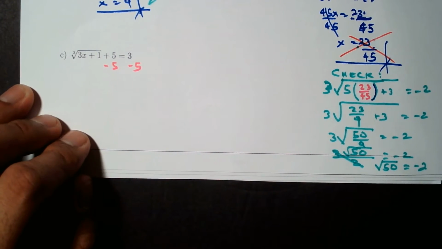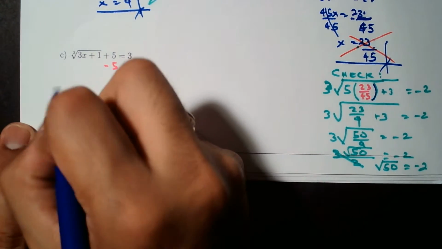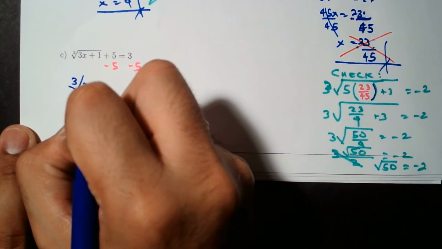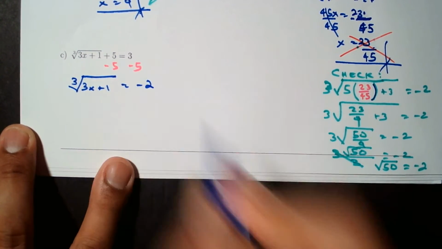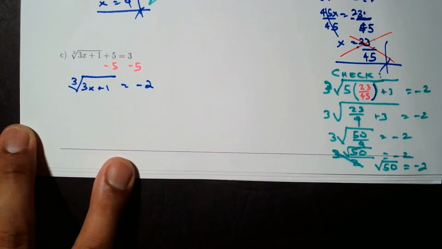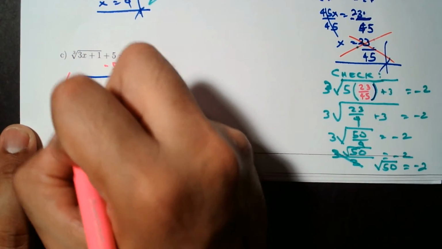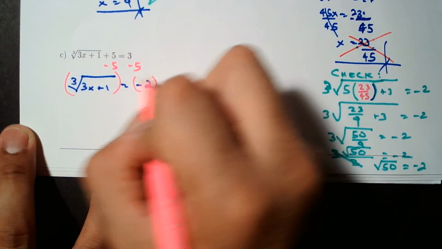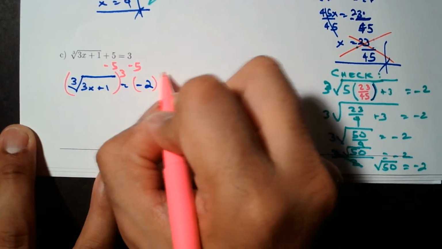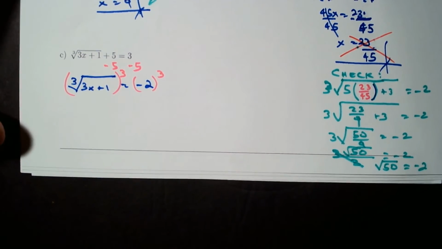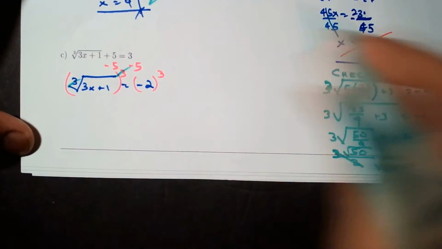The cube root of 3x plus 1 equals 3 minus 5, which is negative 2. Now, we don't square both sides, but rather cancel the cube root by cubing both sides.